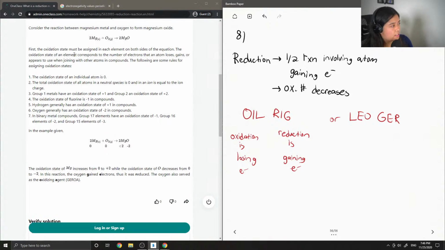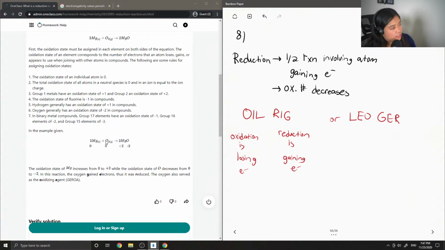First, the oxidation state must be assigned to each element on both sides of the equation. The oxidation state of an element corresponds to the number of electrons that an atom loses, gains, or appears to use when joining with other atoms and compounds. Following are some rules for assigning oxidation states. Oxidation state of an individual atom is 0. So if you look at the example, both magnesium and oxygen have oxidation numbers of 0.